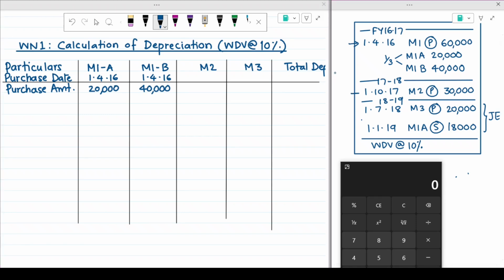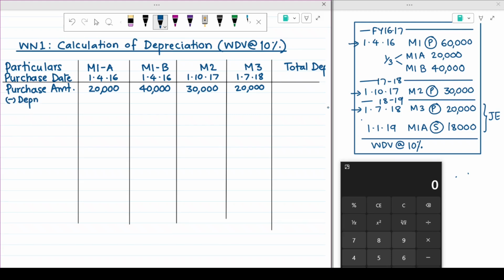Then machinery 2 purchased on 1st October 17 for 30,000, and third machinery was purchased on 1st July 18 for 20,000. Let's start the depreciation working.